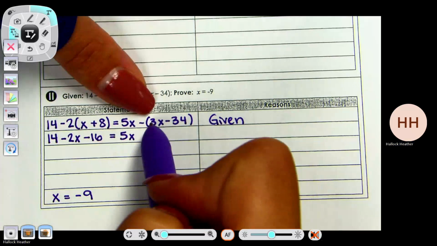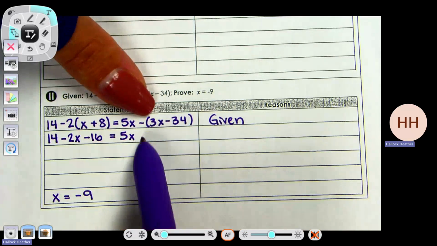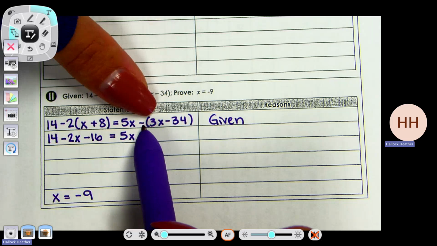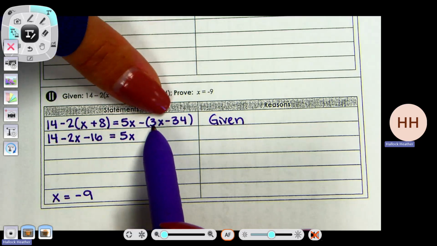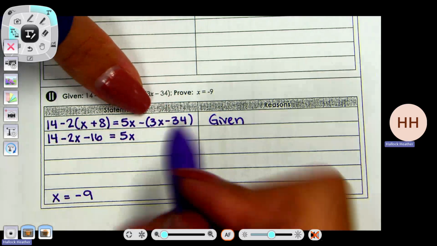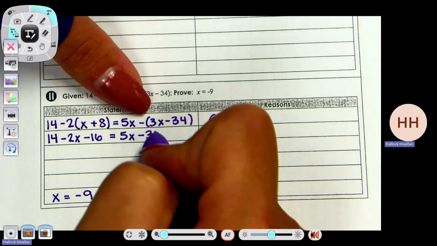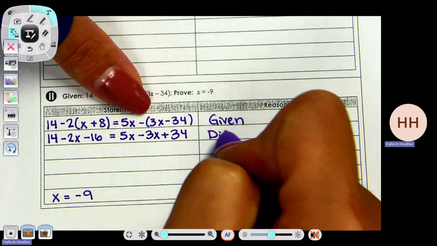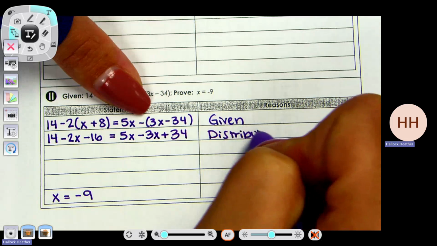Nope. Okay, this is like a -1. Maybe that's what somebody meant. There's like a -1 here. So if I distribute this in, I'm not distributing the 5x. -3x plus 34. So that's distributive property. Good.